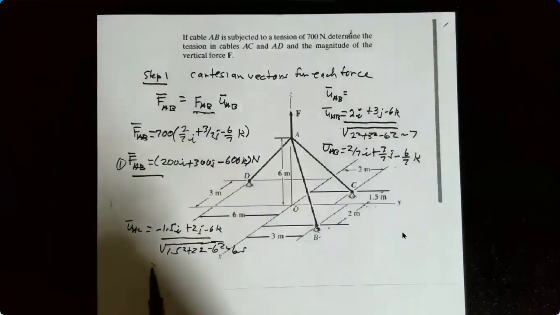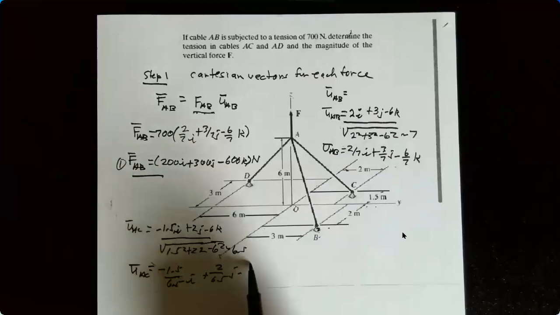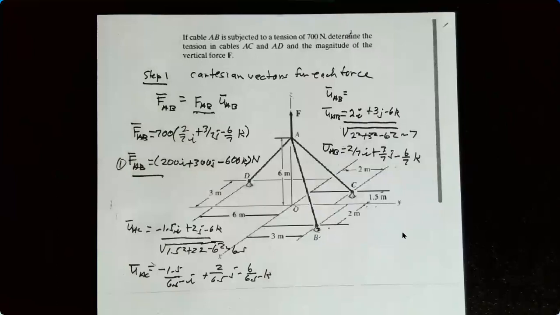So UAC then is minus 1.5 over 6.5 I plus 2 over 6.5 J minus 6 over 6.5 K, and that's the unit vector.